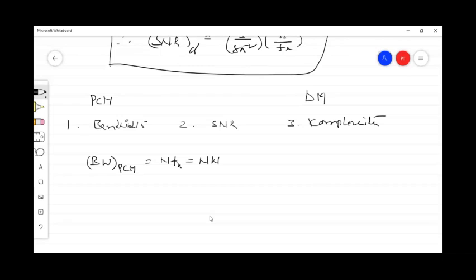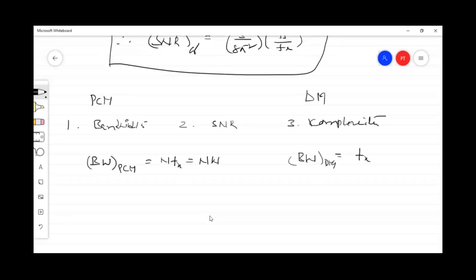And in case of delta modulation, which is a special case, or 1 bit PCM, what about its bandwidth? The bandwidth of a delta modulated system with n equal to 1 is simply equal to fx.